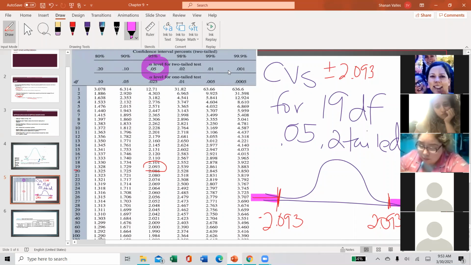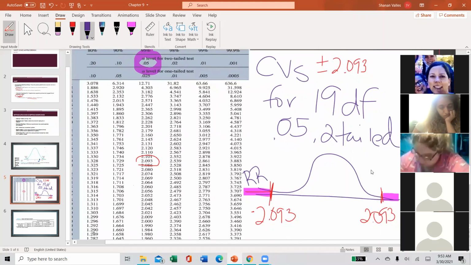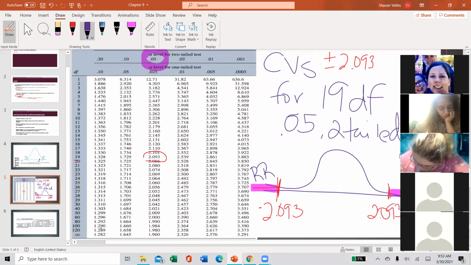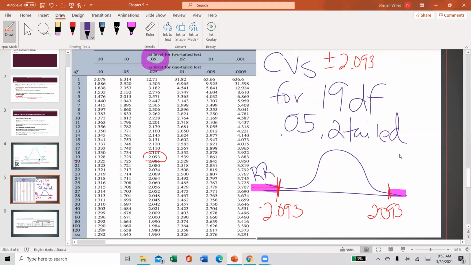That would be our rejection region. I'm going to put RR. That does not look like an RR. Our rejection region on that end. And oops, let me minimize you guys. And our rejection region on this end. Okay.